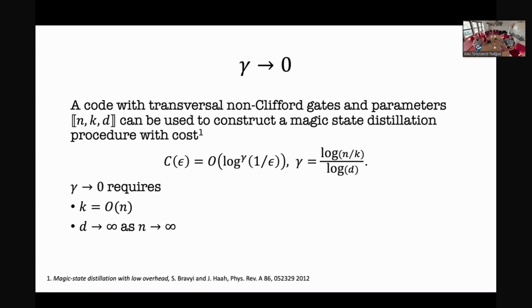This tells you that if you have a linear rate and your distance grows as your code size grows, you can define a procedure with constant overhead. And this is what we do: we make a family of codes with these parameter scalings and transversal non-Clifford gates.